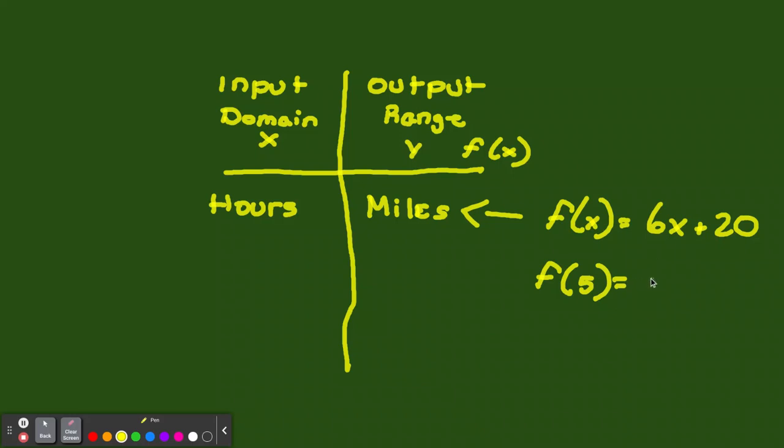So we plug in 5 for the x, and we have 30 plus 20, and we know we'll go 50 miles. So if we go 5 hours driving in the car, you'll go 50 miles in this particular place in the world. So that's one equation.